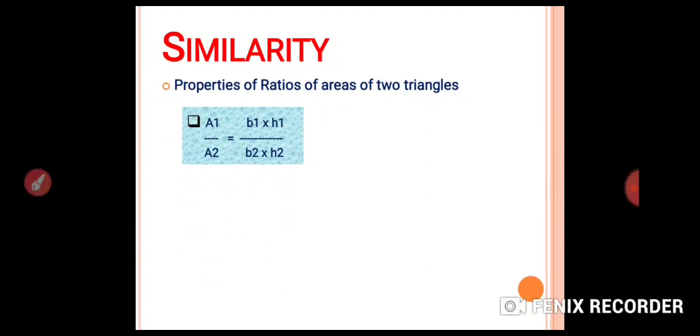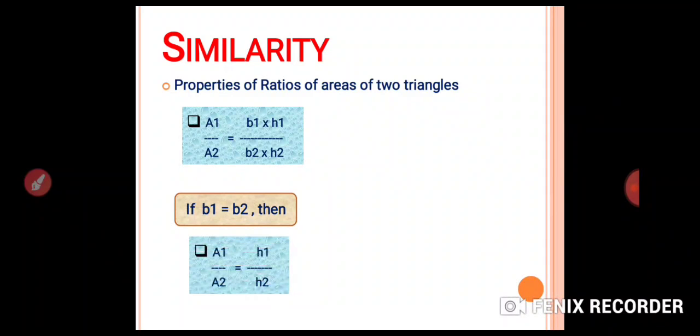See, here is the first property, that is the ratio of areas of two triangles is equal to the ratio of the product of their bases and heights. Second property, if B1 is equal to B2, then A1 upon A2 is equal to H1 upon H2.